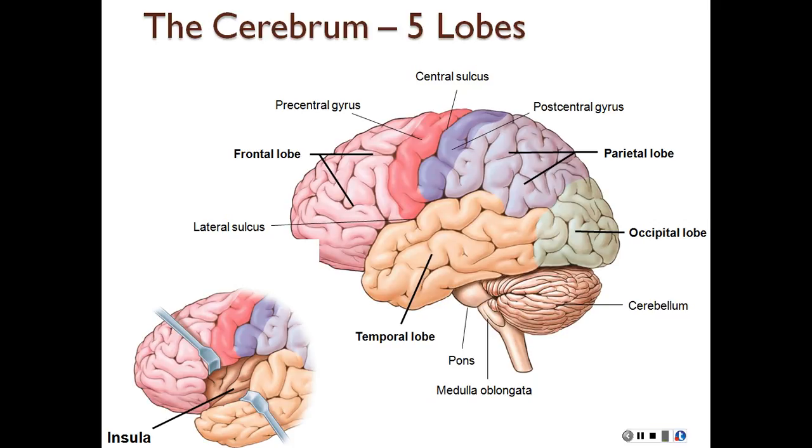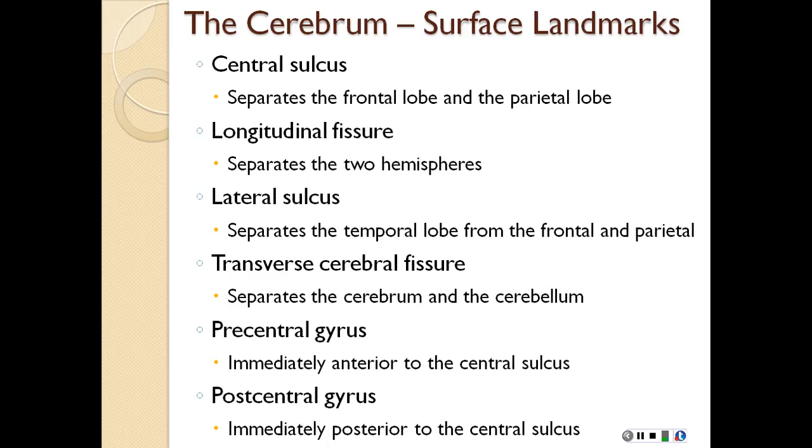Okay. So divides the temporal lobe from the frontal and from the parietal lobe. So be familiar with these, and again, you may get a question in true false format or something like that. So again, know where the postcentral and precentral gyri are.